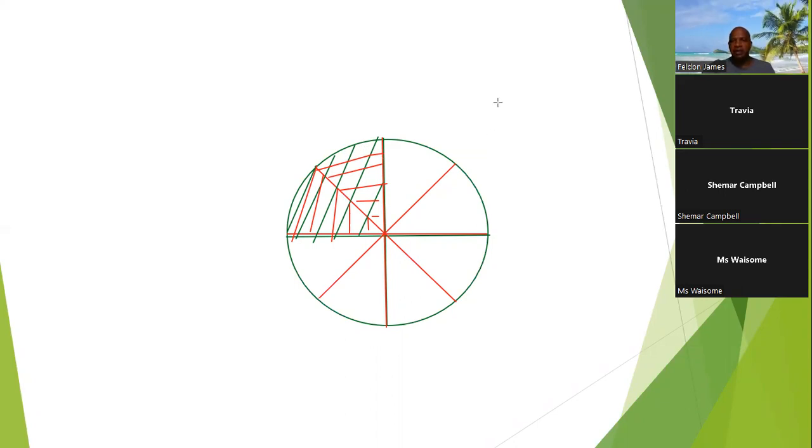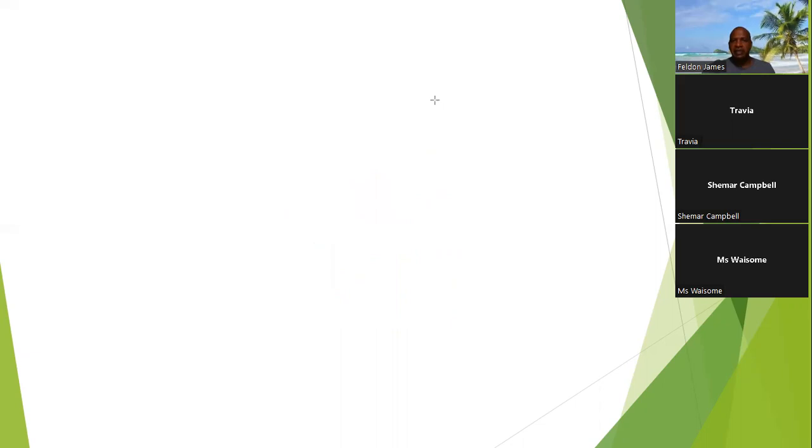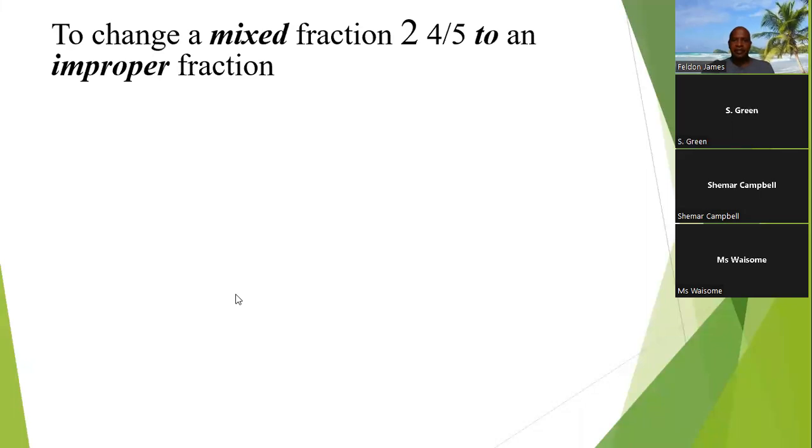So in other words, we can say 2 over 8 is the same as 1 over 4. And so these 2 fractions are equivalent, meaning they're exactly the same size. Any question to that? Everybody's clear on that? Yes, sir. All right.